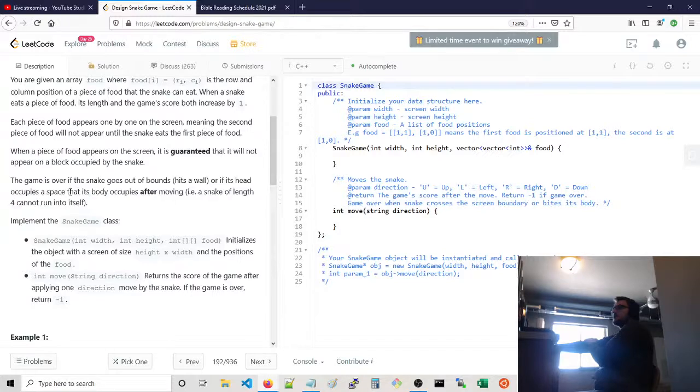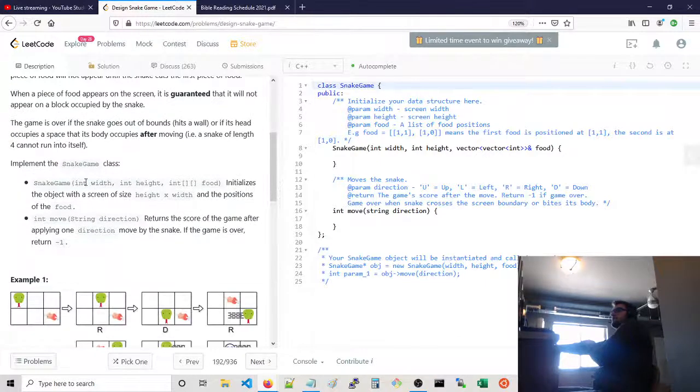Okay. So if you go out of bounds or you hit yourself, basically if the snake hits itself, the head occupies a space that its body occupies after moving. Right, so this is saying the snake of length 4 can't run into itself. Got it. Implement the snake game class.